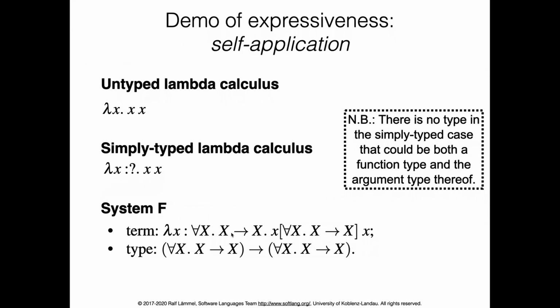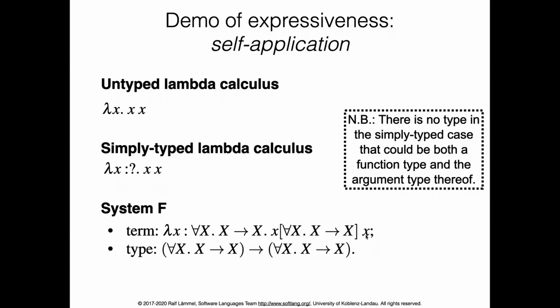Now, what is the type of x? It's a polymorphic function type. And now here, in x, we instantiate x to a polymorphic function type. So we essentially go from a simple polymorphic function type to a type where the argument and the result type are now again a polymorphic function type.